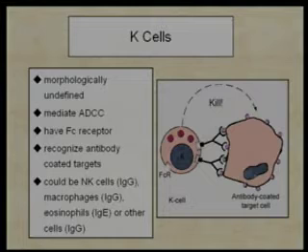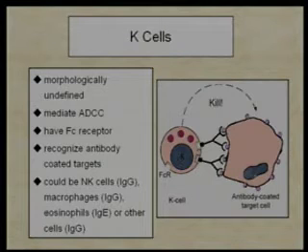And any cell that has an FC receptor and has the ability to kill other cells can then be a K cell. So they will include things like NK cells. NK cells also have K cell activity. So not only can they kill naturally, as we just described, they also have this ability to carry out ADCC.